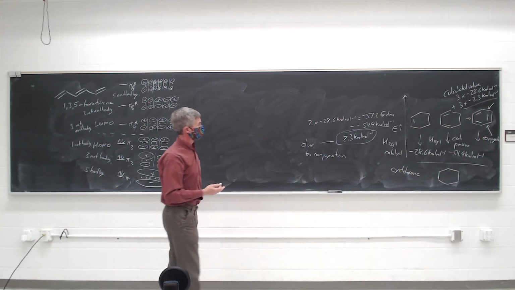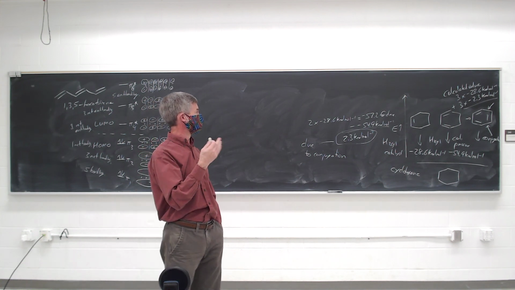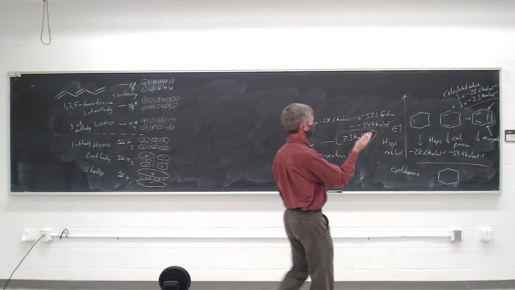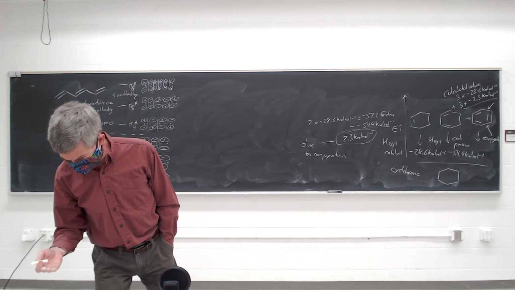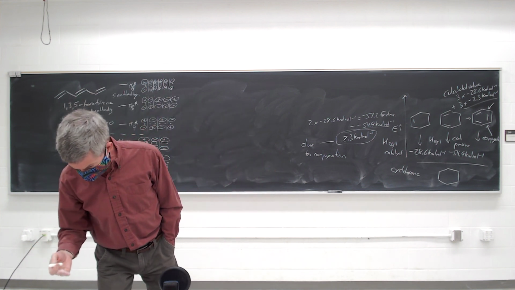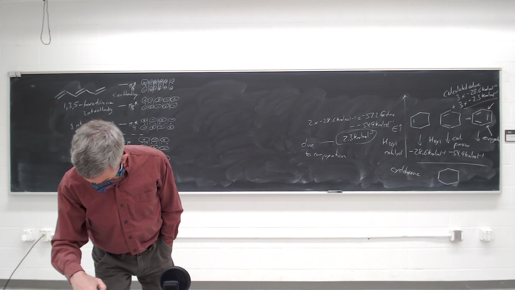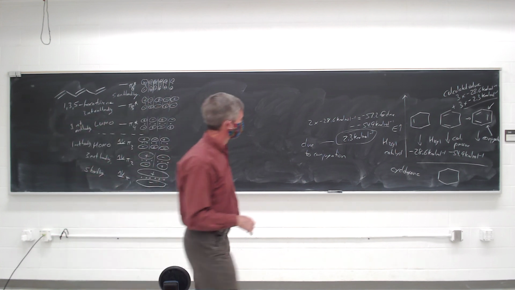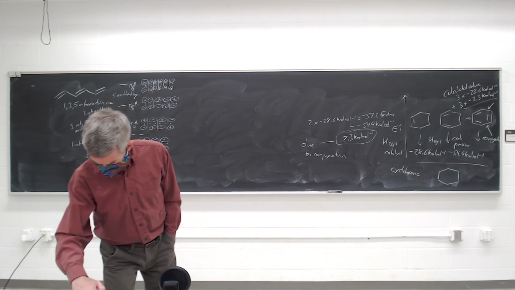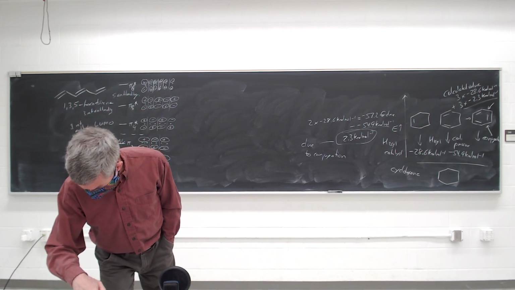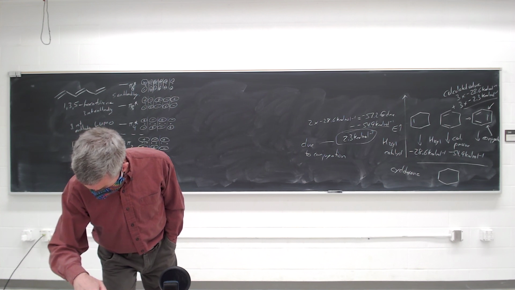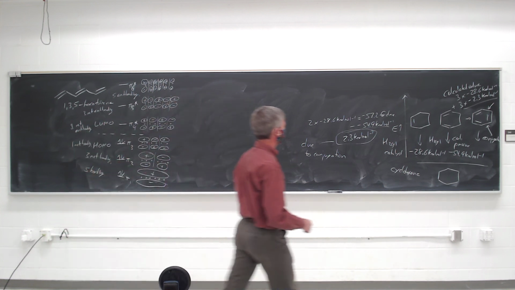So we might predict 3 times minus 28.6 plus 3 times minus 2.3, which is 3 times 30.9. We would say that we should see minus 85.8. No, sorry, wait. Is that right? So minus 78.9. You should see minus 78.9.